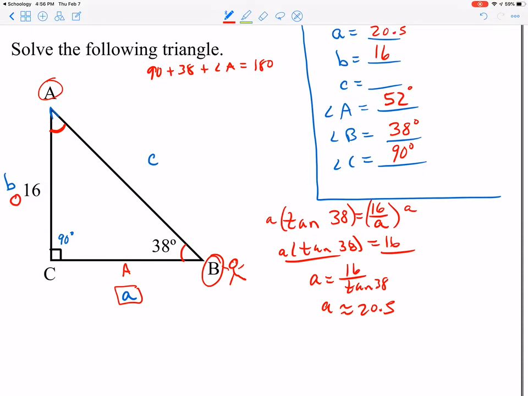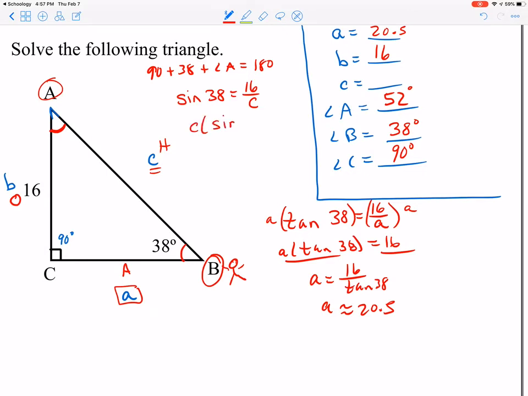Now notice, I had to round that. I used trig and got a rounded answer, so I have a rounded side length value. When I solve for C, I don't want to use that value. To solve for C, that's my hypotenuse, I would use the sine function of my 38-degree angle because that uses my opposite side of 16 over my hypotenuse side of C. So I multiply by C on both sides.